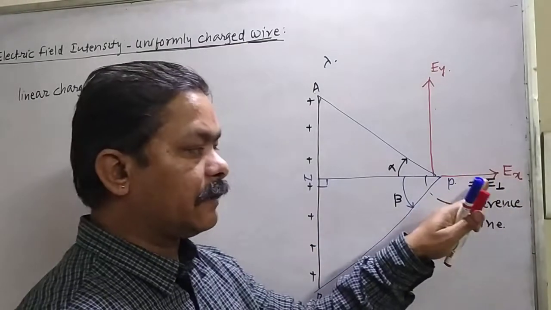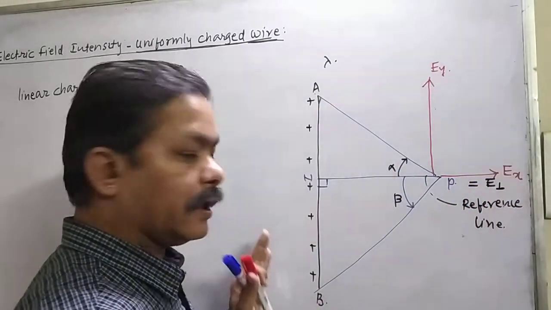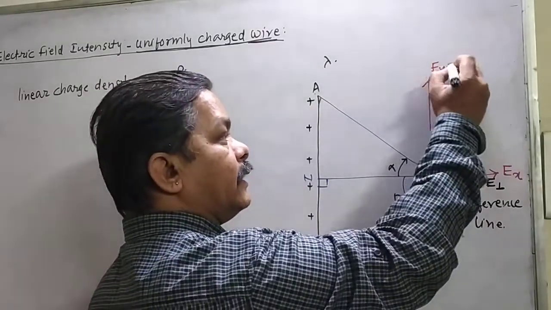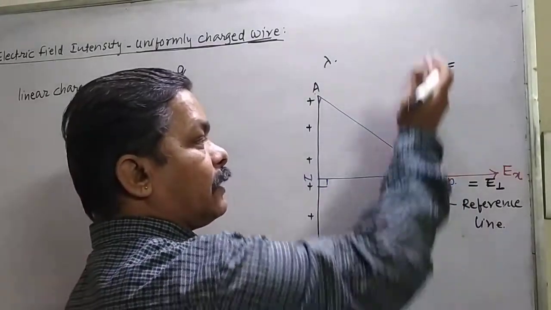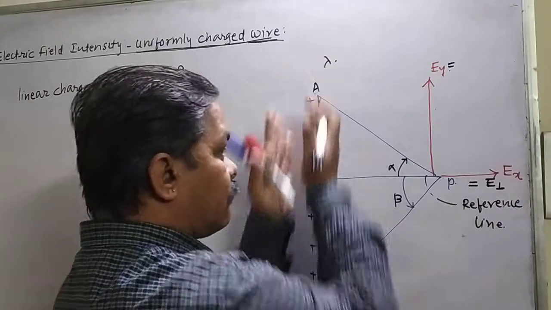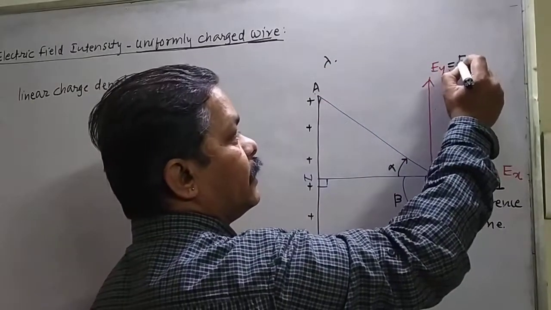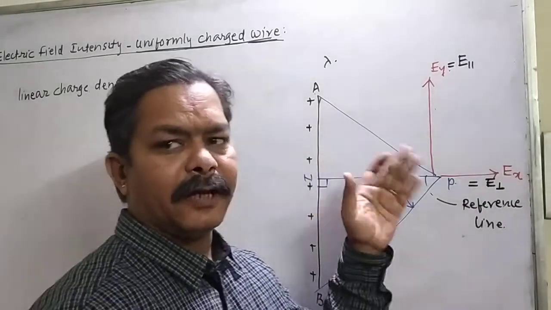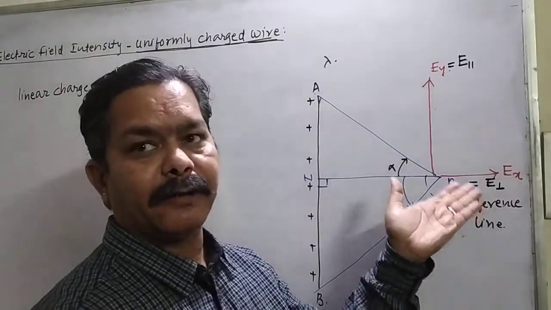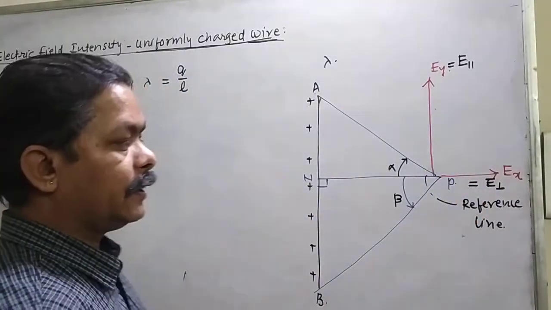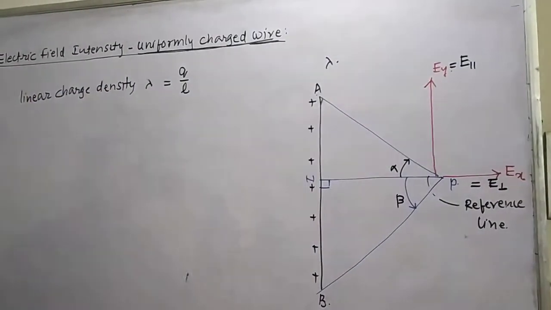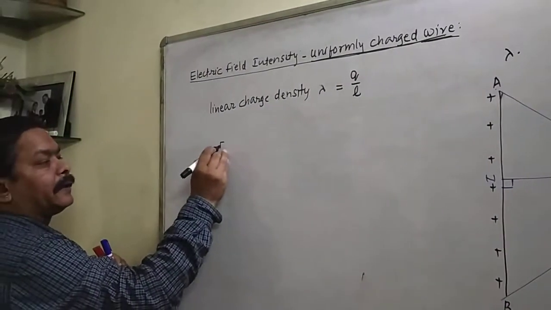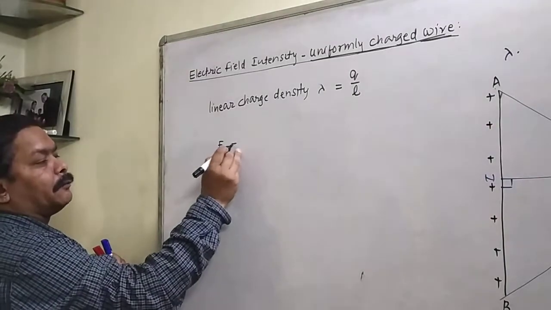Similarly, EY, the component parallel to the line, is also assigned as E parallel. Sometimes you may say EX or EY, or E perpendicular and E parallel components.